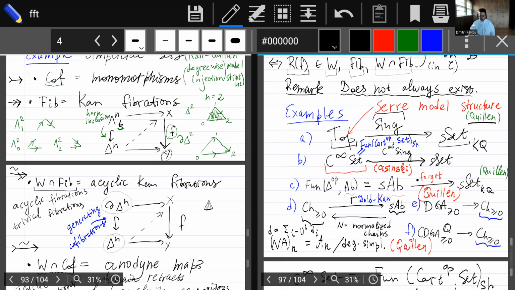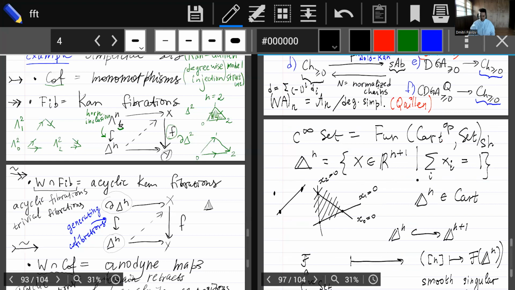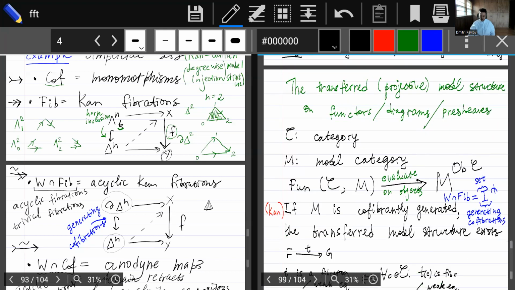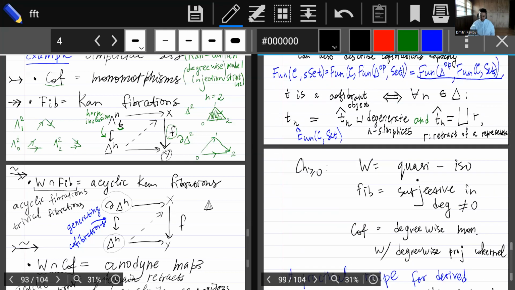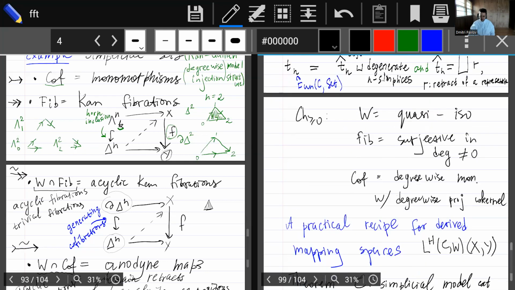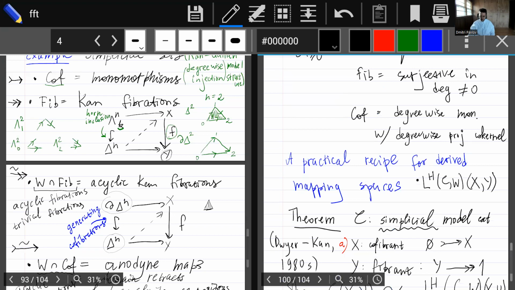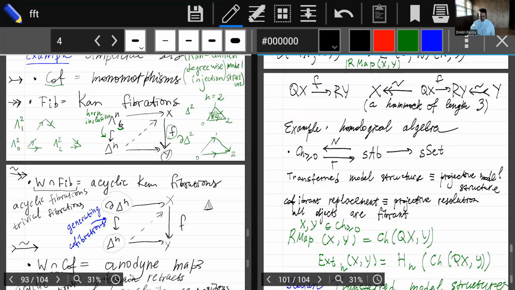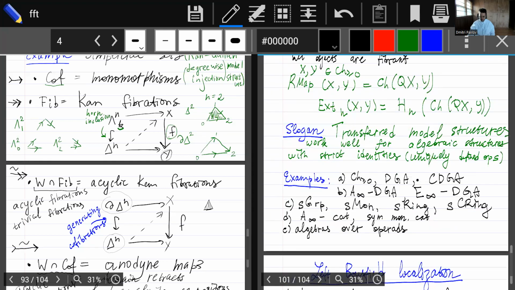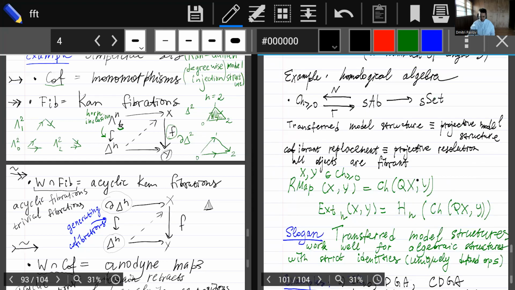Whenever you have such an algebraic setting, you can expect a transfer model structure. Thank you. We'll revisit this later when we compare transfer model structures to left Bousfield localizations.